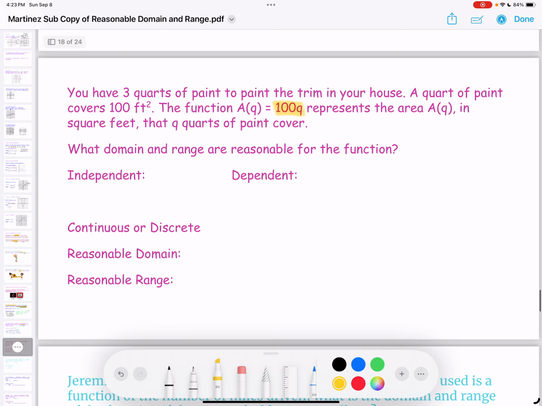So A of Q represents the area, okay? So remember, independent is the x's, dependent is the y values. So right here, we would say the independent is Q for quarts of paint. And the dependent is the area that the paint covers in square feet.